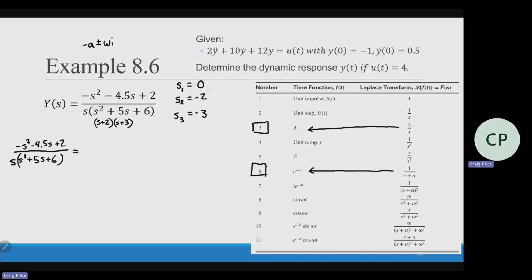Now we're going to set up partial fractions based on the roots right here. So I'm going to have an a over s, and a b over s plus 2.